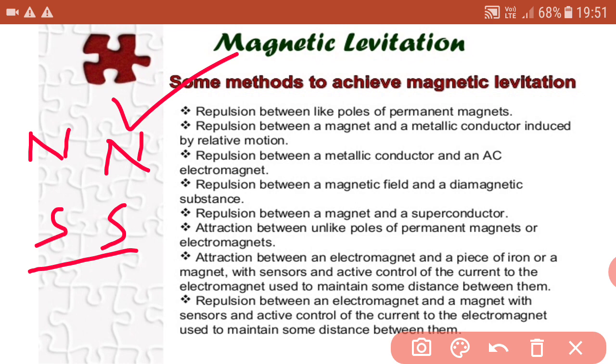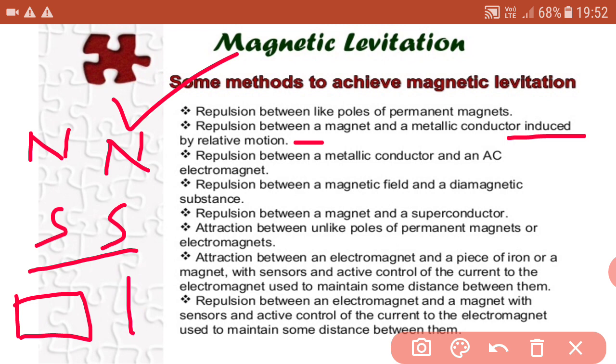Second is repulsion between a magnet and a metallic conductor induced by relative motion. We know that there is repulsion between a permanent magnet and a metallic conductor.